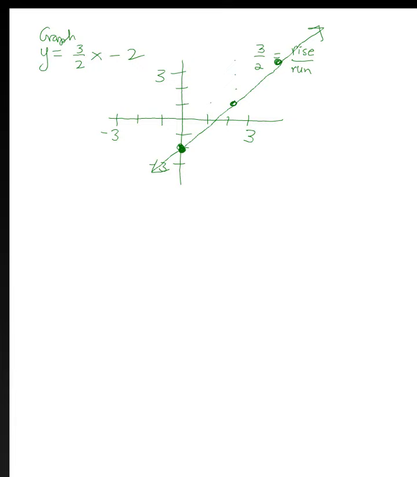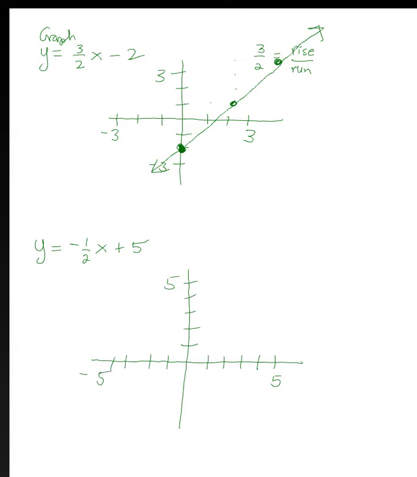Let me do one more of those. What if I were to give you y equals negative 1/2 x plus 5? Again, I would make my grid and scale it. This time I start at my intercept.